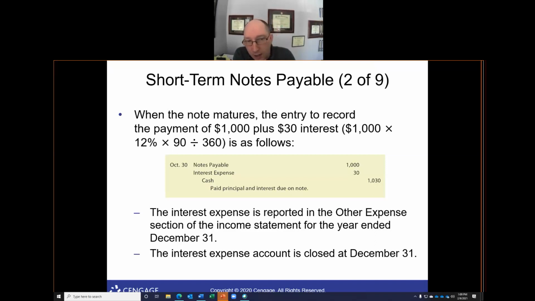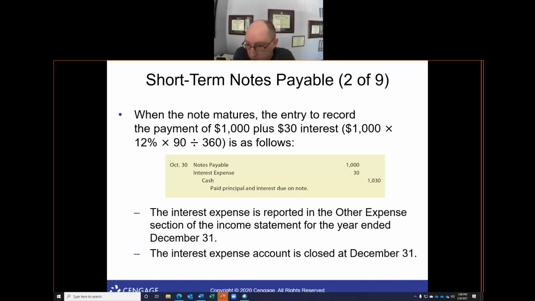Why 90 divided by 360 and not 365, you might be asking. In the United States, we have 360 banking days in a calendar year.